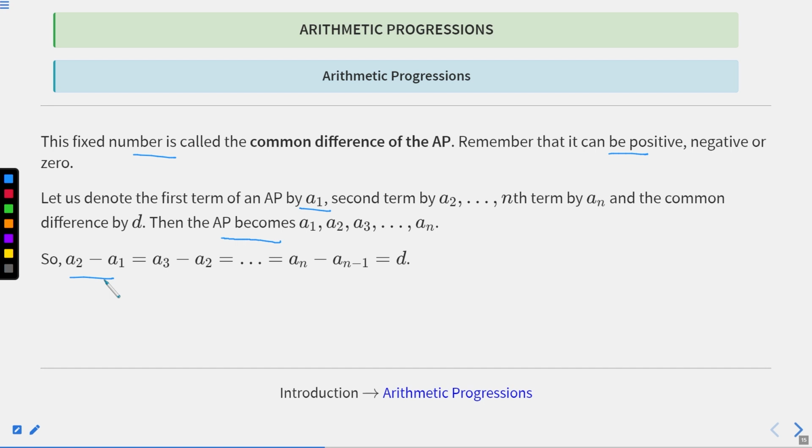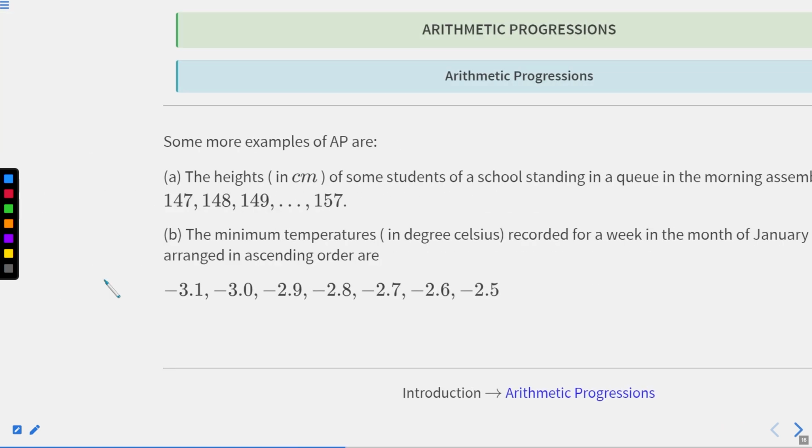So the common difference of the AP is the difference of two consecutive terms. The difference between two consecutive terms is called the common difference of the AP, and it is denoted by D.